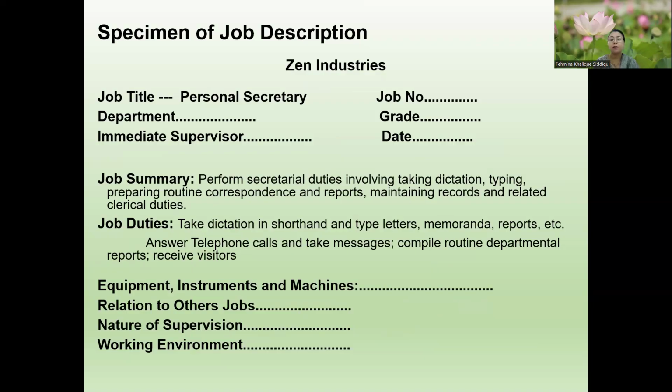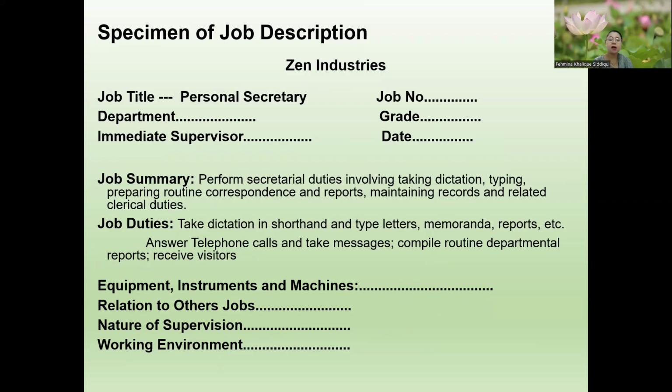So here is a specimen of a job description for the job of a personal secretary. As you can see, the job title is given, that is personal secretary, and the job number, grade, date, department, and the immediate supervisor or manager for this position.